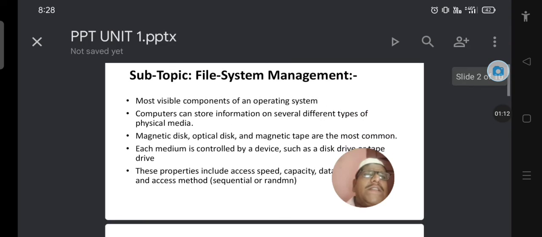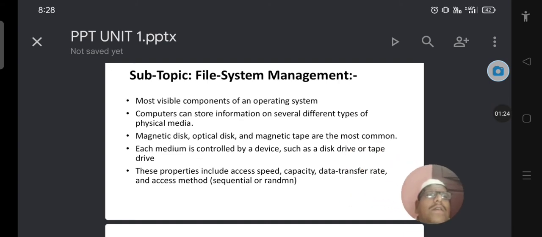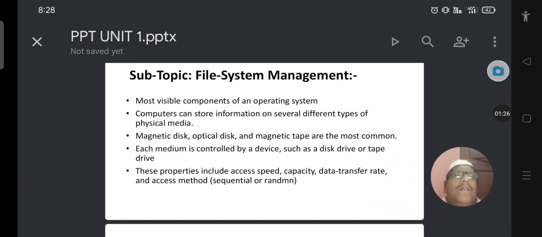first topic, file system management. It is one of the most visible components of an operating system. A computer can store information on several different types of physical media; magnetic disk, optical disk, and magnetic tape are the most common.